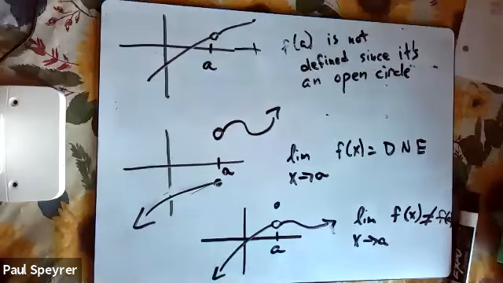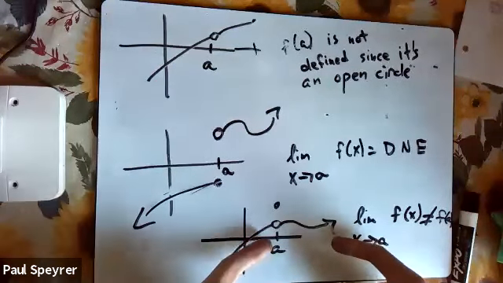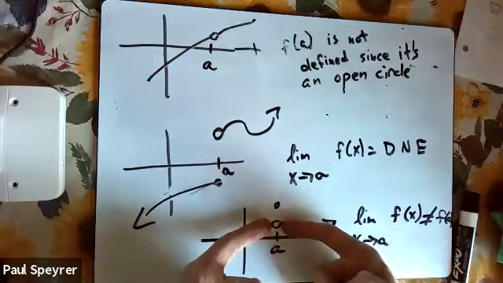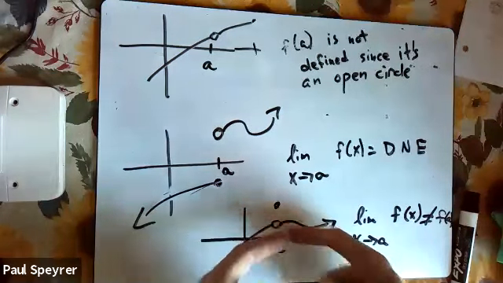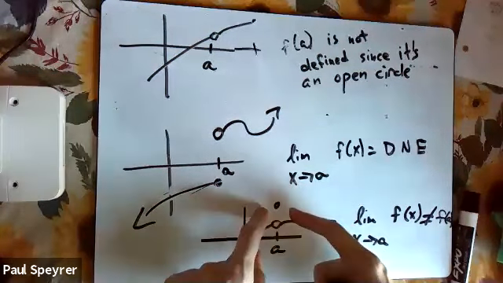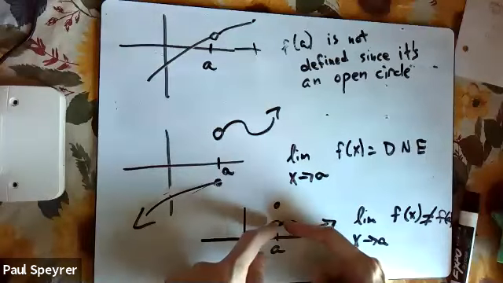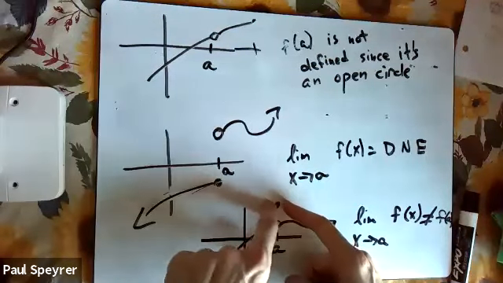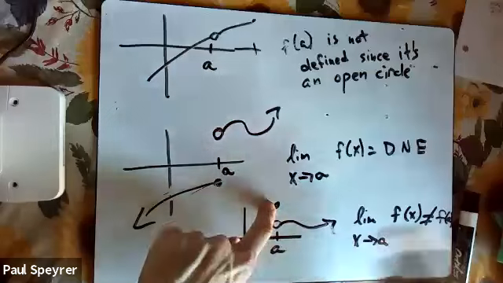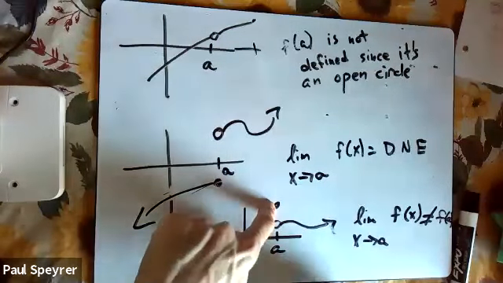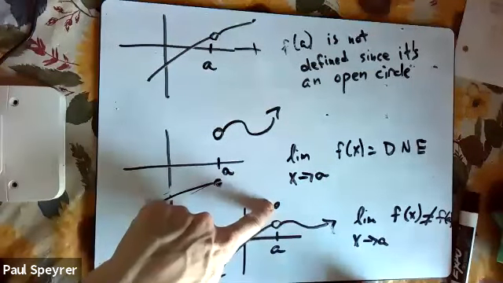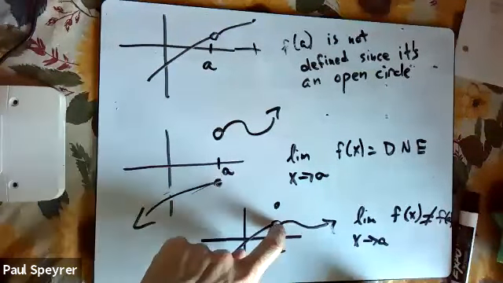Let's look at that. So there's a limit, right? The limit does exist because as I approach a from the left and the right, they both home in on this same y value. But remember the third condition: as far as f of a being defined, where is it defined? It's defined up here. You see that? In order for this to be continuous at a, where would this solid circle have to be? It would have to be right inside of that open circle right there.